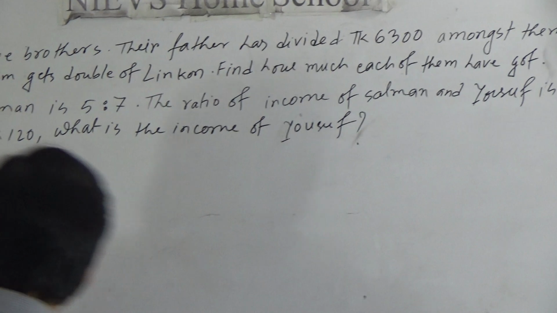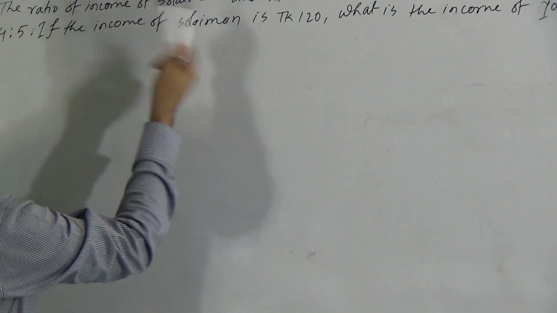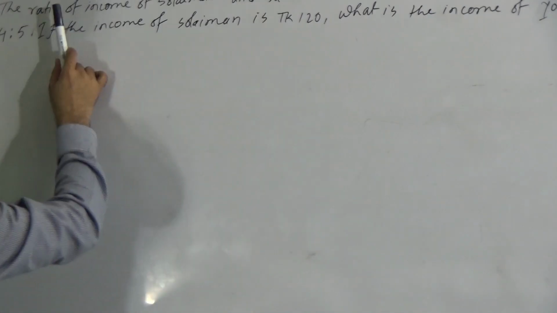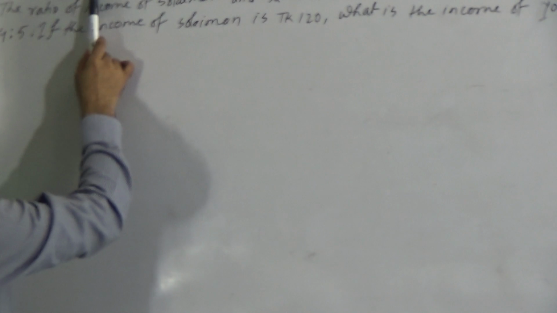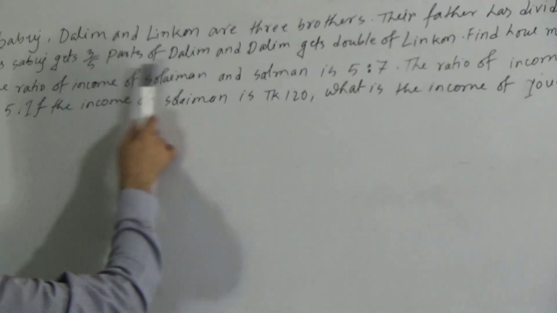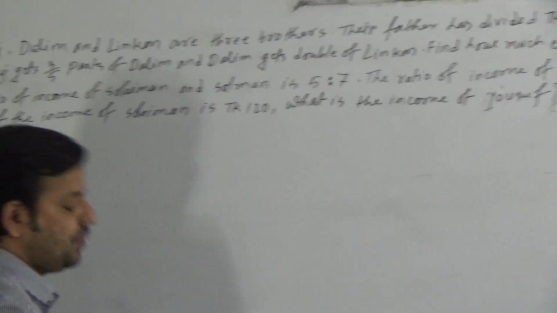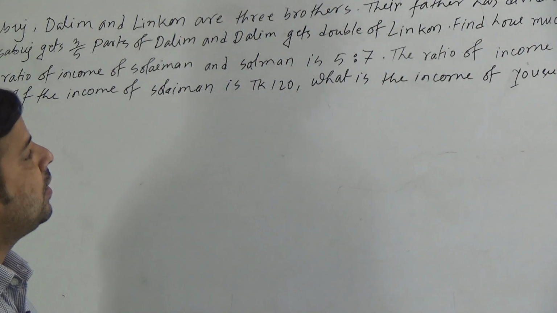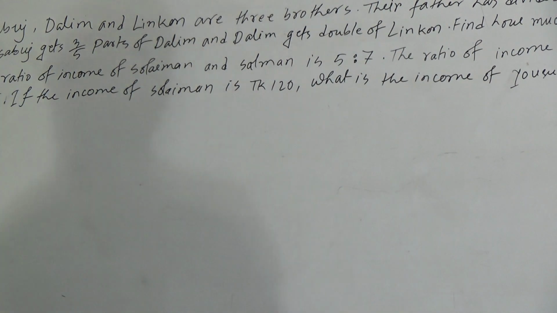Dear students, it means that the ratio of the money of Shobuj and Dalim is 3:5, and the ratio of the money of Dalim and Lincoln is 2:1, that is given.